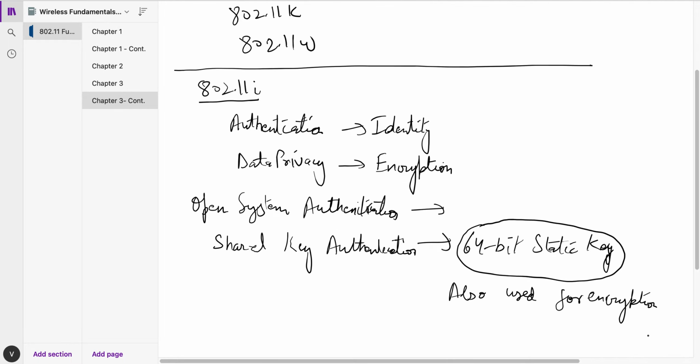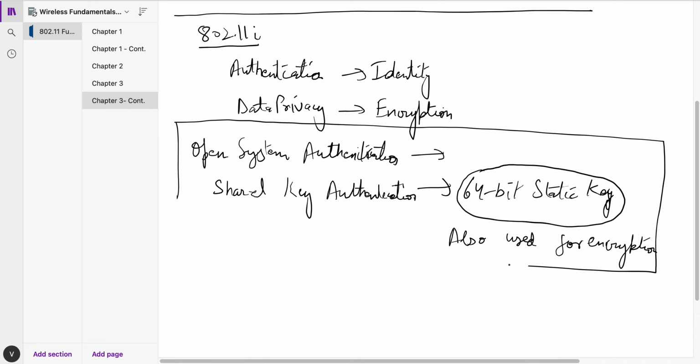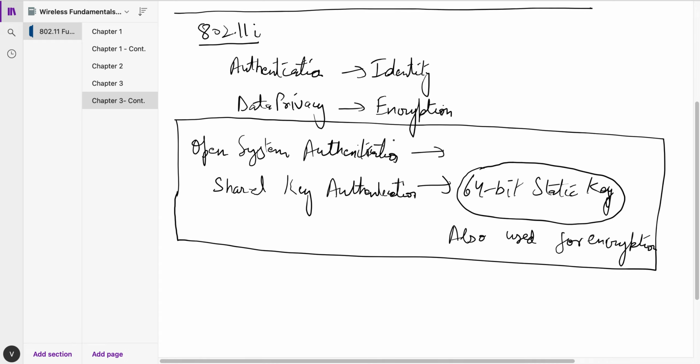Now, it's a problem because if this key is compromised, then everything is compromised. The hacker who gets this key will be able to decode and understand whatever is the communication happening between the client and the access point. So these two methods, which were used for a long time, were kind of flawed, not very efficient for us. So, this had to be changed.